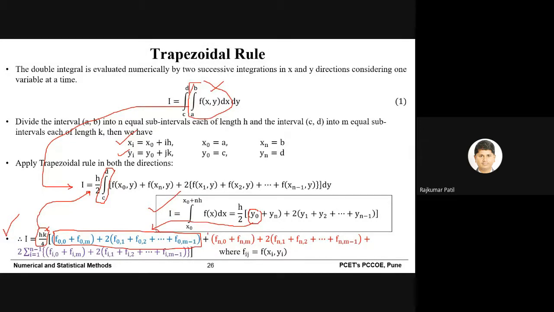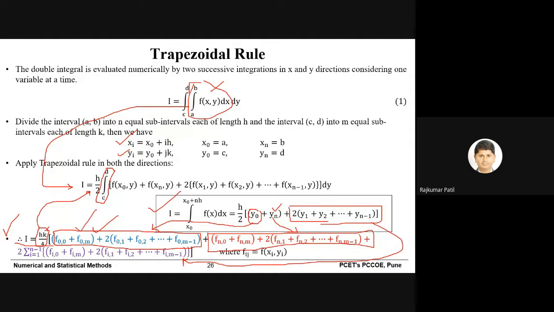The second part that you can see, which is highlighted by red color, you can correlate with the yn, because here this is the first part and yn is the last part, that you can easily understand. Similarly, the third part of this equation, you can see 2 into summation i equal to 1 to n into bracket. There are so many terms. This part we can correlate with the third part of the equation.